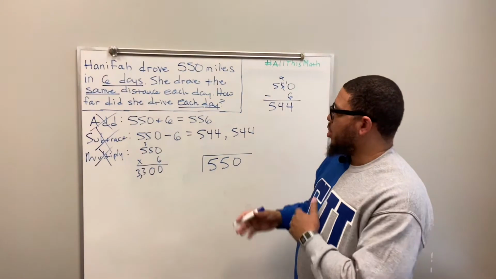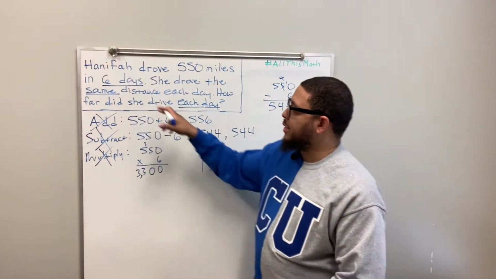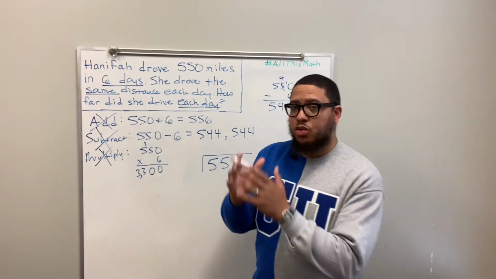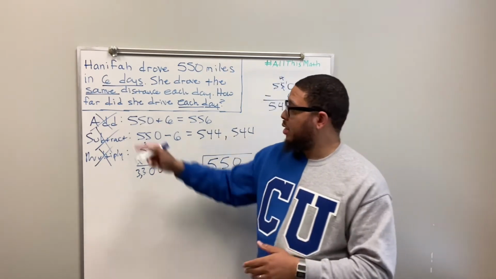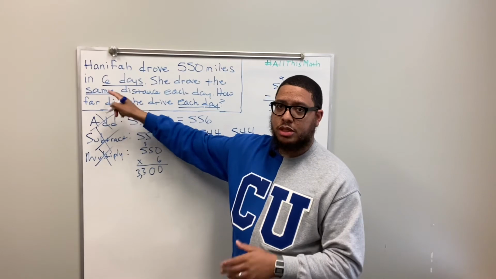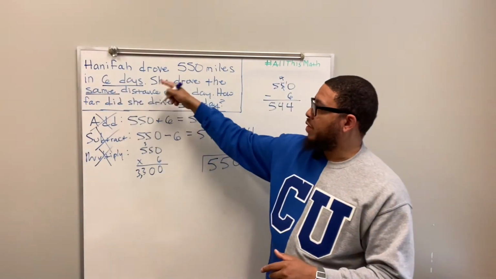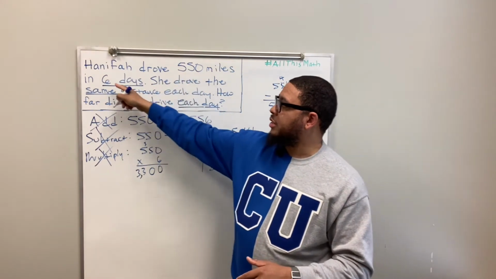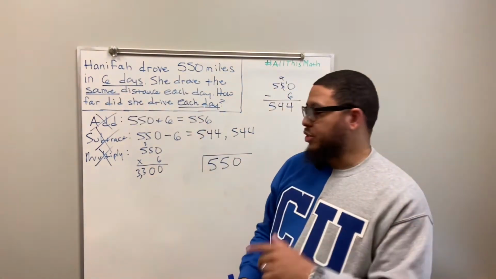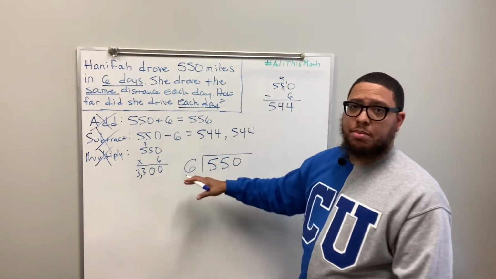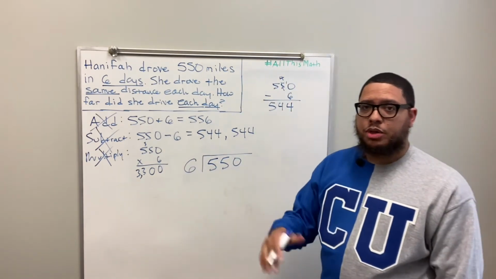In this case, we're breaking 550 up into 6 equal parts because we're talking about 6 days, and on each of those days, she drove the same. Same means equal, so she drove the same amount of miles. So that divisor, 6, goes right here. And that's how we set up our long division problem.